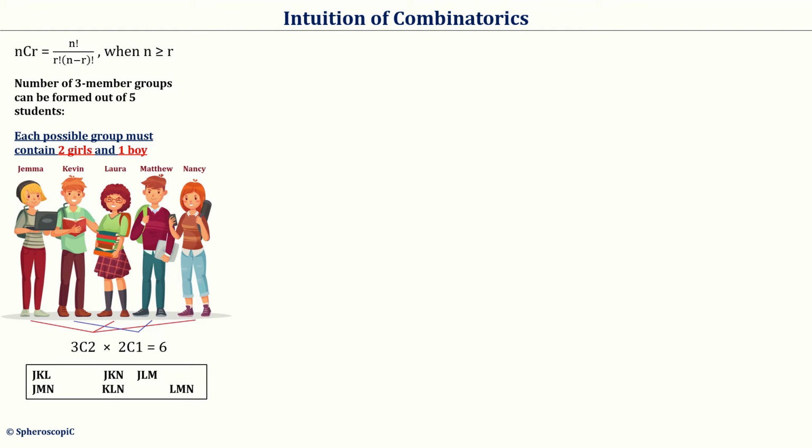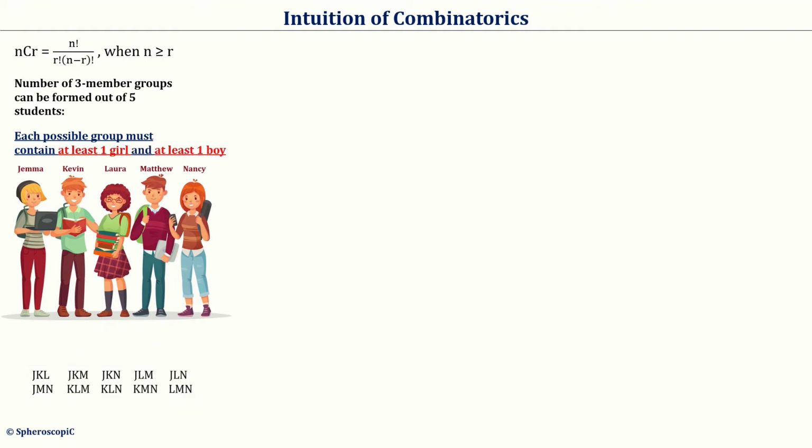Let's change this restriction to each possible 3-member group must contain at least 1 girl and at least 1 boy. That means a 3-member group can have 1 or more girls, but it must have 1 or more boys also. Let's try to count the possible cases. When a group consists of 1 girl, the only girl can be selected in 3C1 ways, and for each selection, rest 2 members in the group can be 2 boys only can be selected in 2C2 ways.